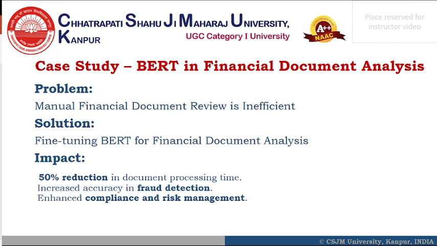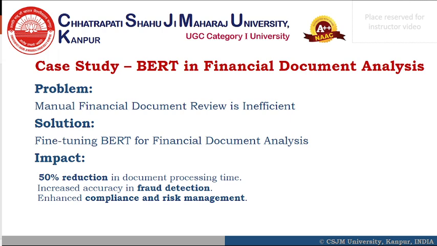They fine-tuned it using their industry specific financial and legal datasets. What are the steps they took? First, they collected millions of financial documents, contracts, and regulatory filings. Then, they labeled data with key financial terms, risk factors, and fraud indicators.